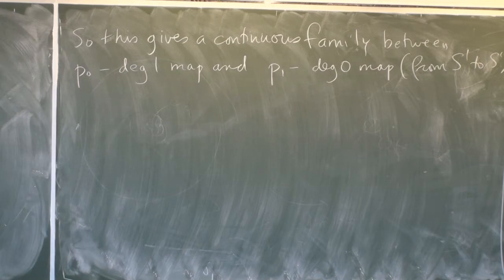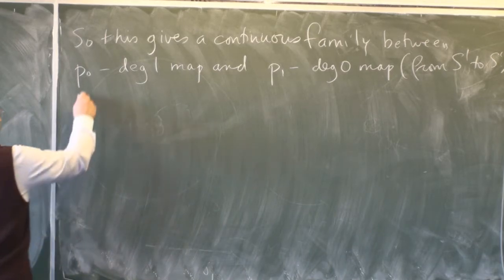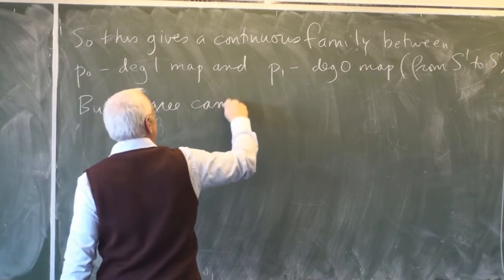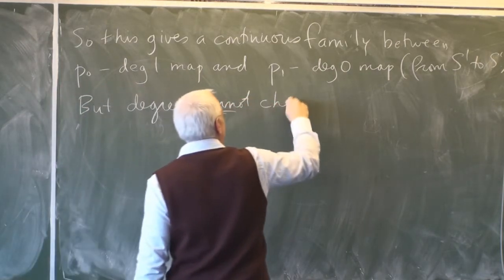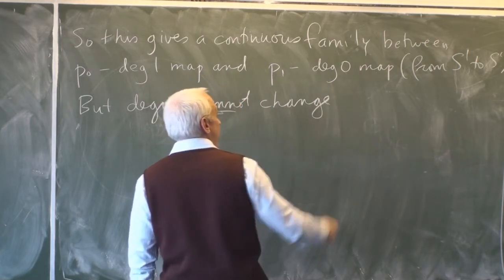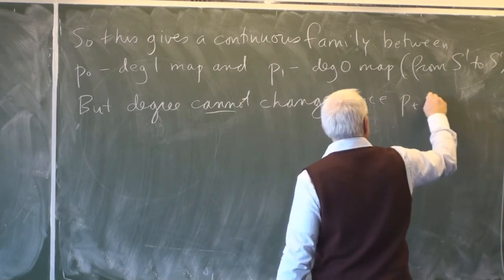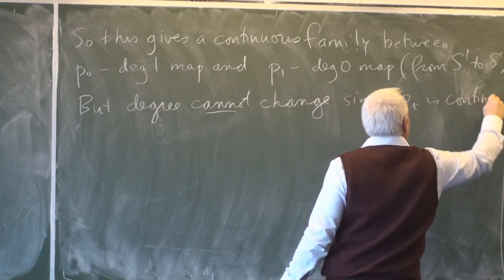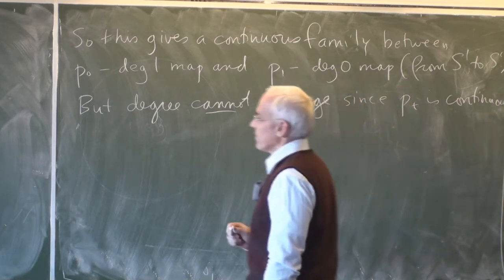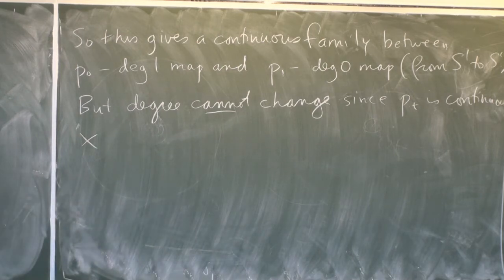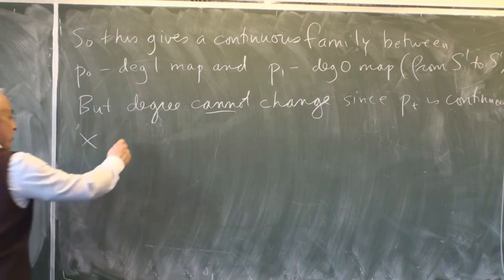So we cannot jump from degree 1 to degree 0, make that abrupt change, if we're changing the mapping continuously. The degree cannot change, since P of t is continuous. And so that's impossible. So our assumption that we had a retraction is not correct. So a retraction can't exist.